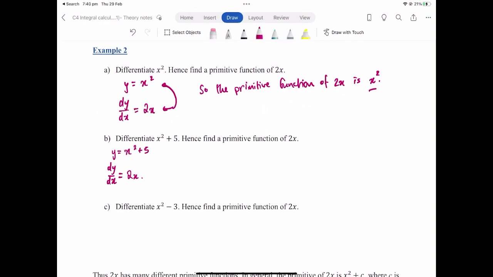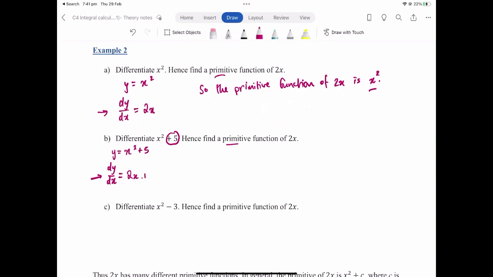Well, the problem is that if we've just been told the derivative and we're wanting to find the primitive function, we can have a big range of different answers. And to represent those answers, because it's always the constant term that disappears when we're differentiating, if I'm doing the reverse, going backwards, I'm going to end up with a potential constant term.